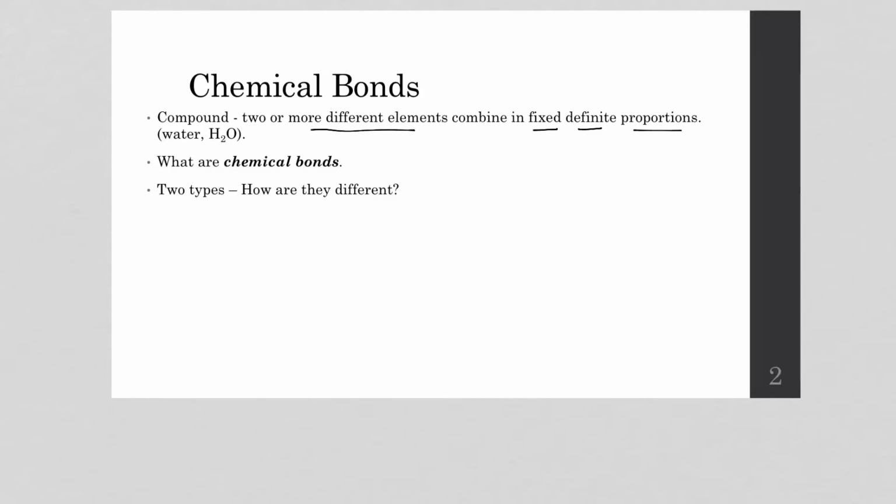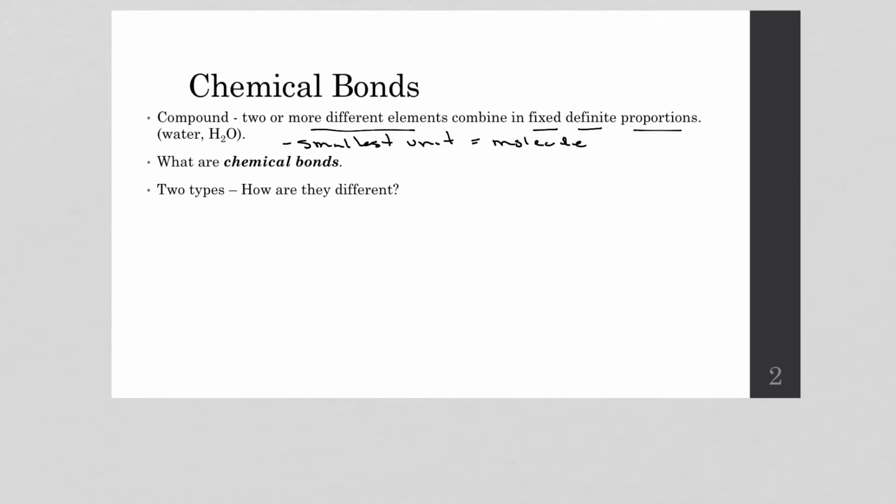We looked at this back in Chapter 2 when we talked about the law of definite proportions and multiple proportions, and we came up with this definition. Now remember also the smallest unit is a molecule, right? So we call the smallest unit of a compound a molecule.